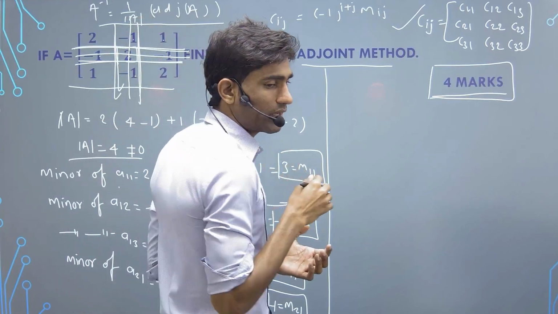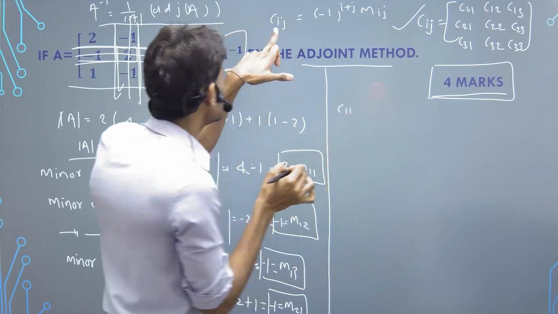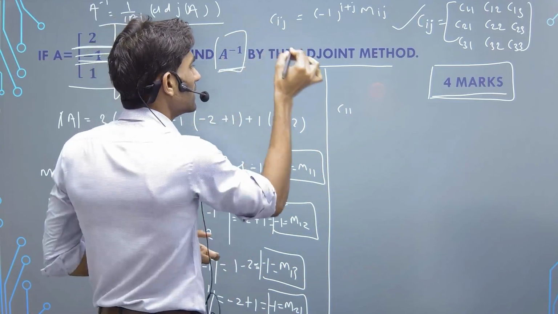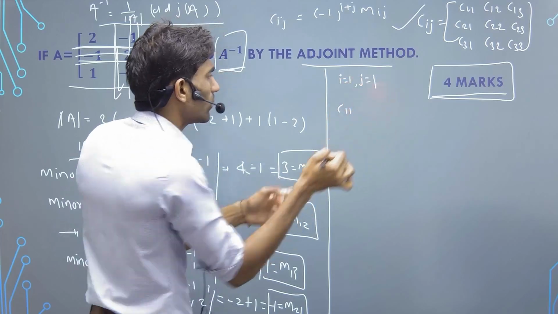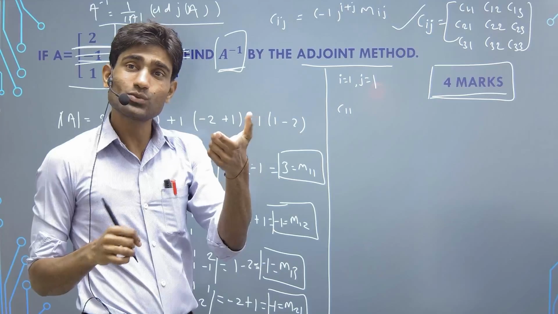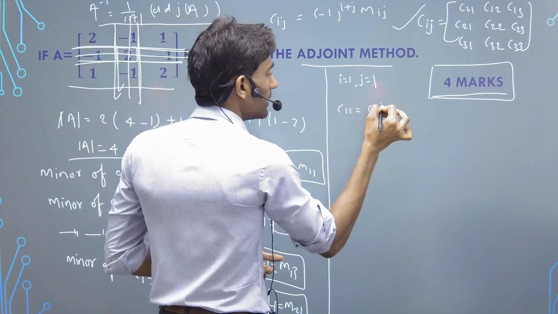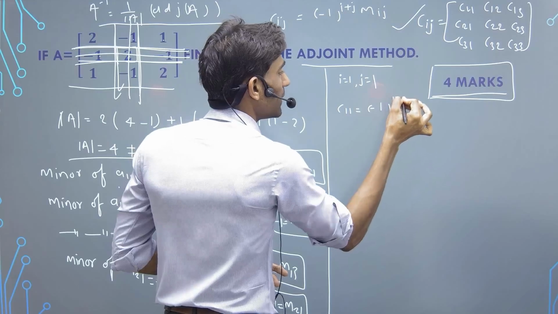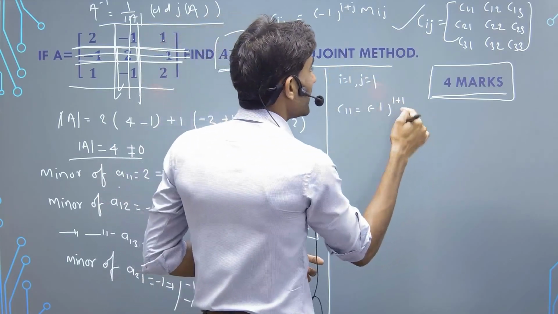Now here, find out C11 using this formula. For C11, i is equal to 1 and j is equal to 1. Now compare that C11 with Cij. That means we get (-1) raised to i plus j, that is (-1) raised to 1 plus 1, times the minor of 1, 1.